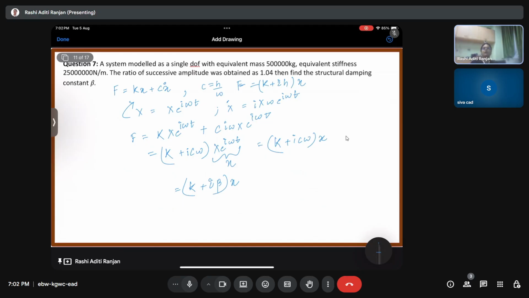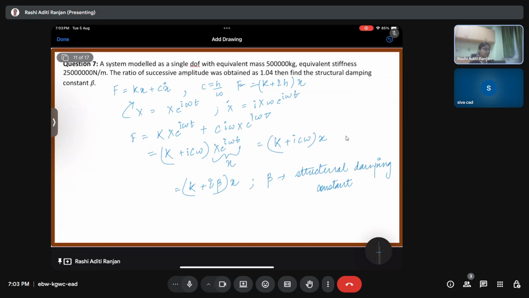Now, if I write again c as h by omega, omega will get cancelled. So from there we are going to get the relation. Anyways, this was the final equation, and we wrote beta as the structural damping constant. Okay, we assumed beta as the structural damping constant.